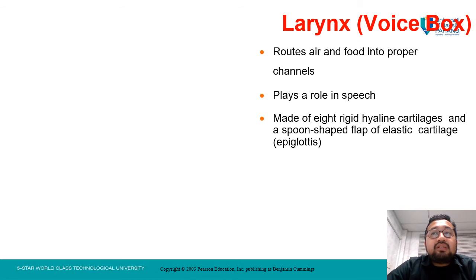The epiglottis is one of the structures mainly responsible for separating the food passageway and the air passageway.